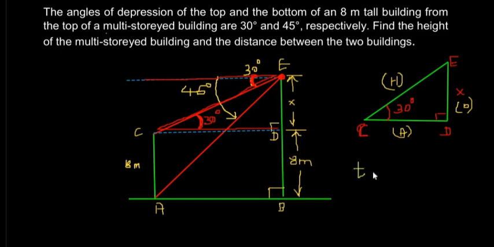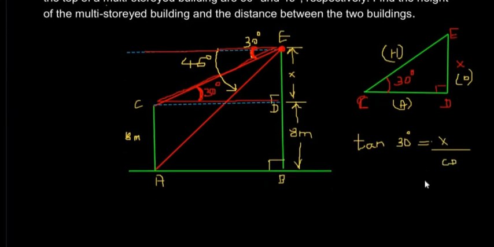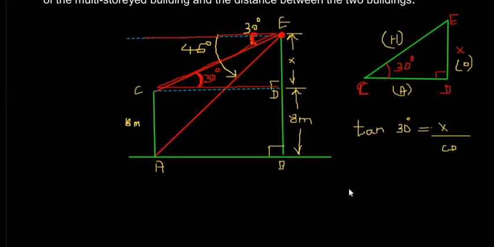So we write tan 30 degrees is equal to opposite, which is x, over adjacent, which is CD. Let me rearrange this and write it as CD is equal to x over tan 30.